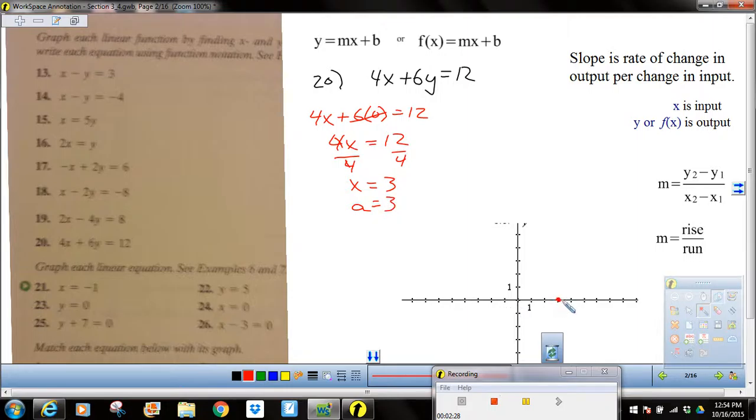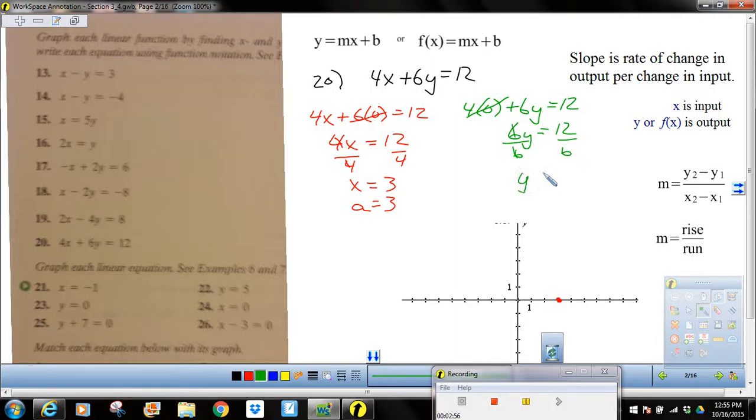Right there. To do the y-intercept, I do the same thing, except I let x be 0. So the y-intercept is 2.